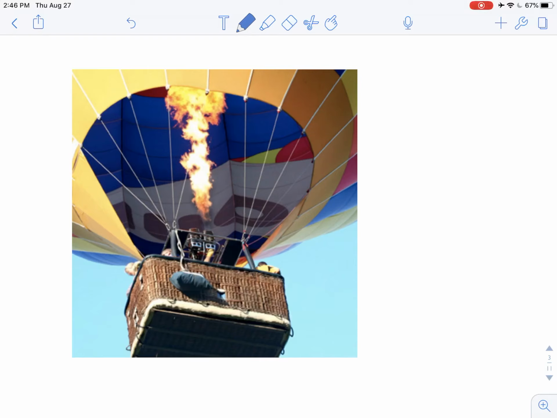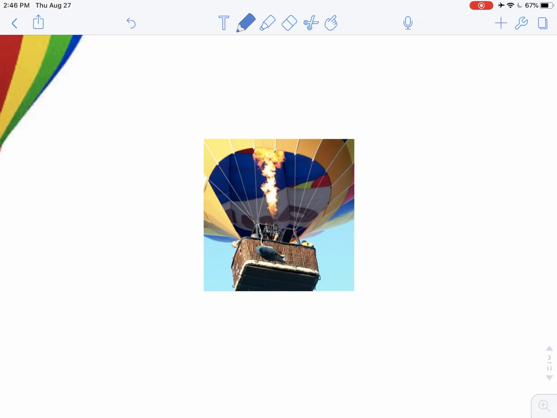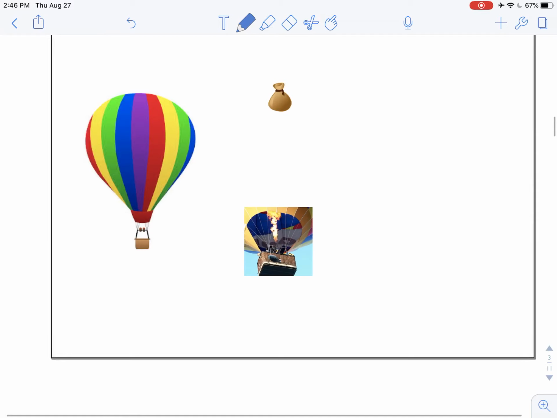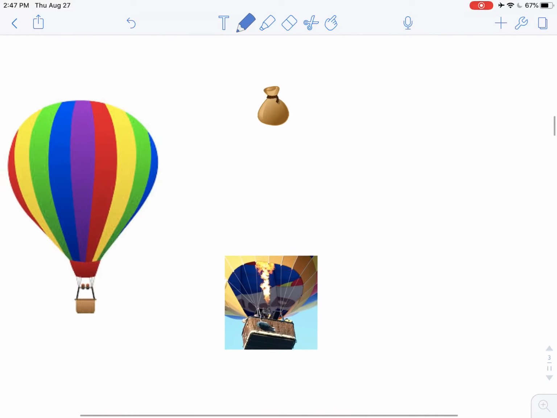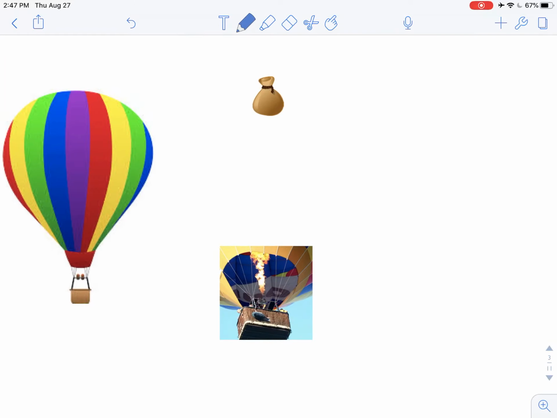Or if you've been on a bunk bed before, it's much hotter at the top of the room because hot air rises. And so that's how this works, is they puff hot air into this balloon and it raises the balloon up. But we also have these things like sandbags to keep it on the ground when they're not trying to raise the balloon up.